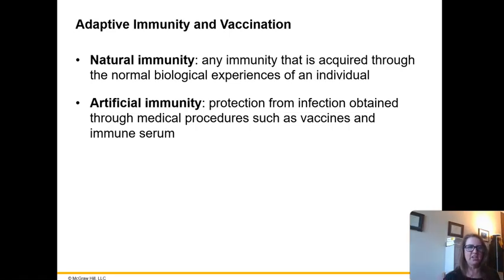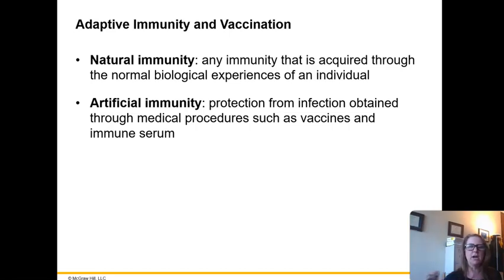So artificial immunity is when essentially you're getting antibodies from someone else or another organism, like another animal. So we get protection from infection obtained through medical procedures. And this includes vaccines because we're essentially introducing something into our body to make it launch. Or let's say I've been exposed to rabies and then I have to get serial injections of antibodies to rabies.